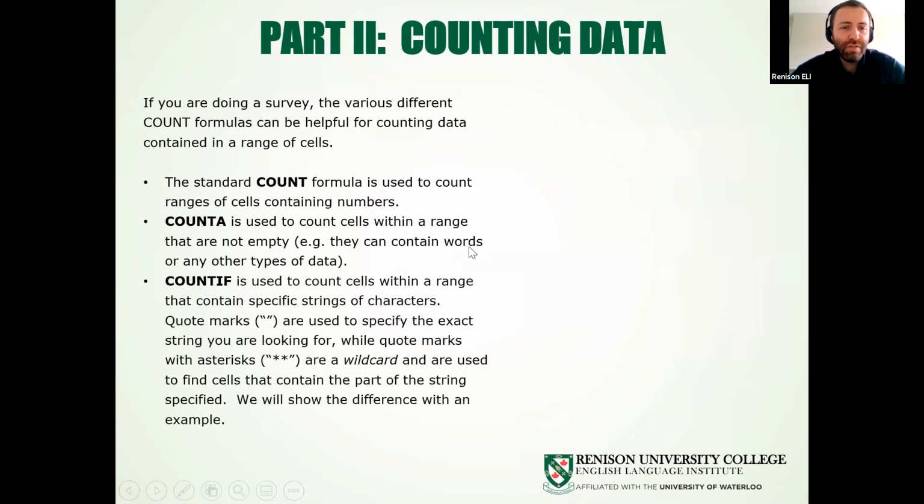And then count if is used to count cells within a range that contain specific strings of characters. So quote marks are used to specify the exact string you're looking for, while quote marks with asterisks, this little star symbol, are a wildcard and can be used to find cells that contain the part of the string specified. So I'll show you an example in a minute.